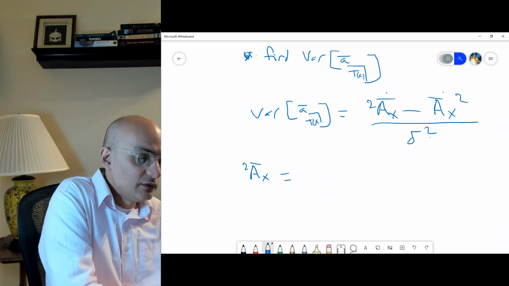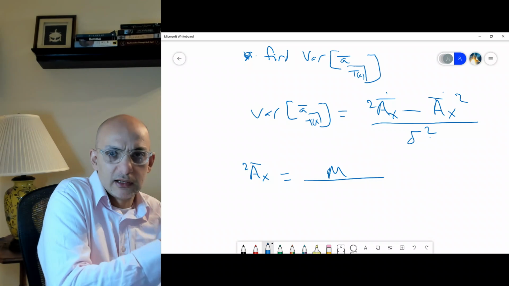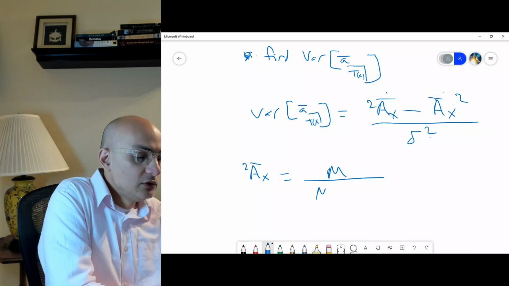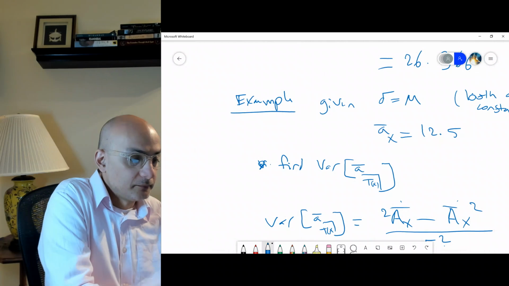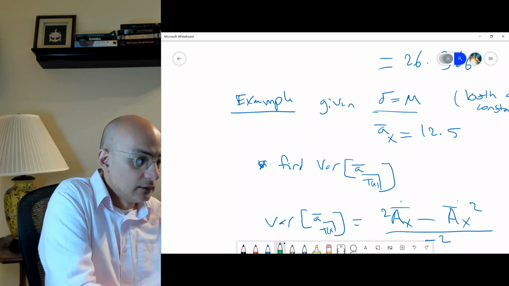Now this one, if you remember, it's mu from the previous chapter, mu plus now the same thing but 2 delta, because it's the second moment. But delta is equal to mu, right?